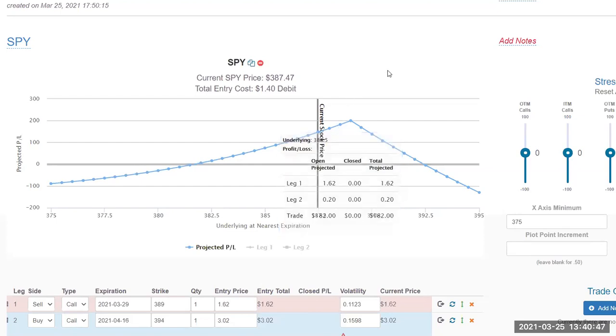This is taking advantage of the fast rate of time decay on the nearby options and leveraging the much slower rate of time decay on further options, not 2 days, not 3 days, but maybe 2 weeks, maybe 3 weeks out. In some cases, you can go even further than that.